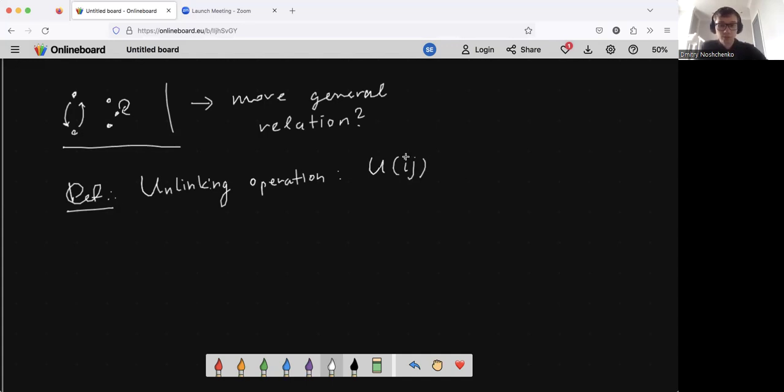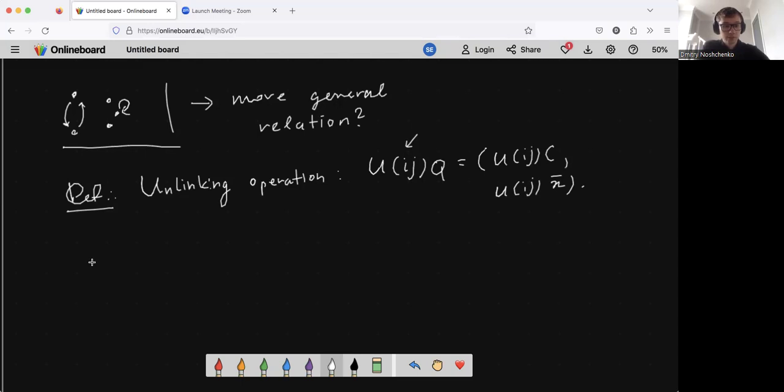So this ij would be the nodes of the quiver which we unlink. And this acts on a quiver Q, and one can write it separately as some modification of the adjacency matrix, and second, of course, a modification of the vector of variables, which I will write like this.